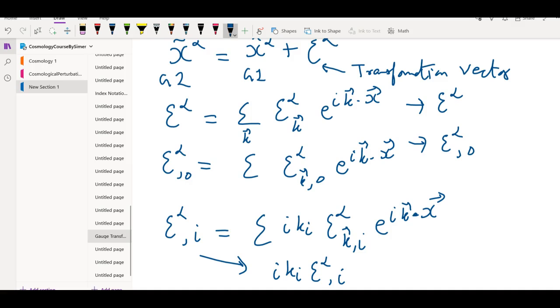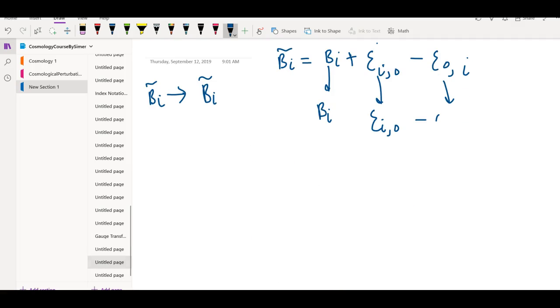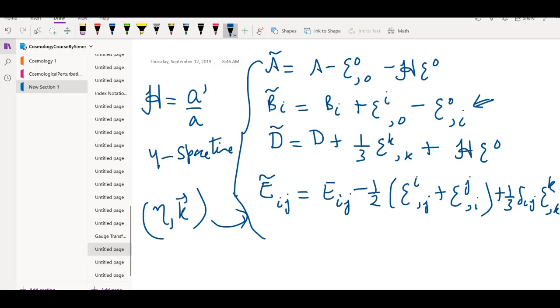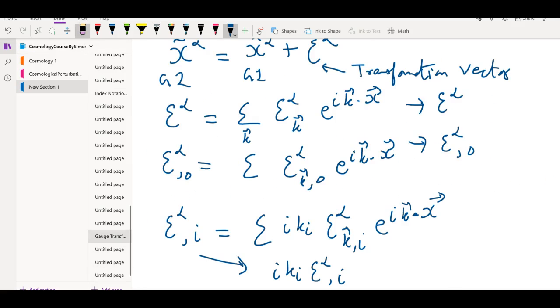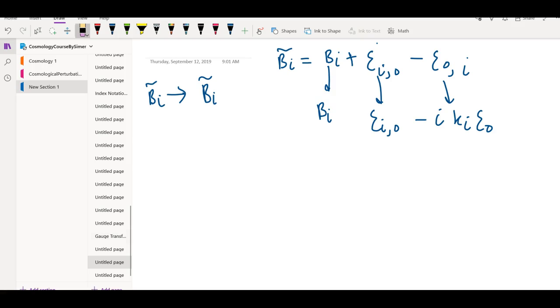this, i ki xi 0. i ki xi 0. This becomes xi 0.